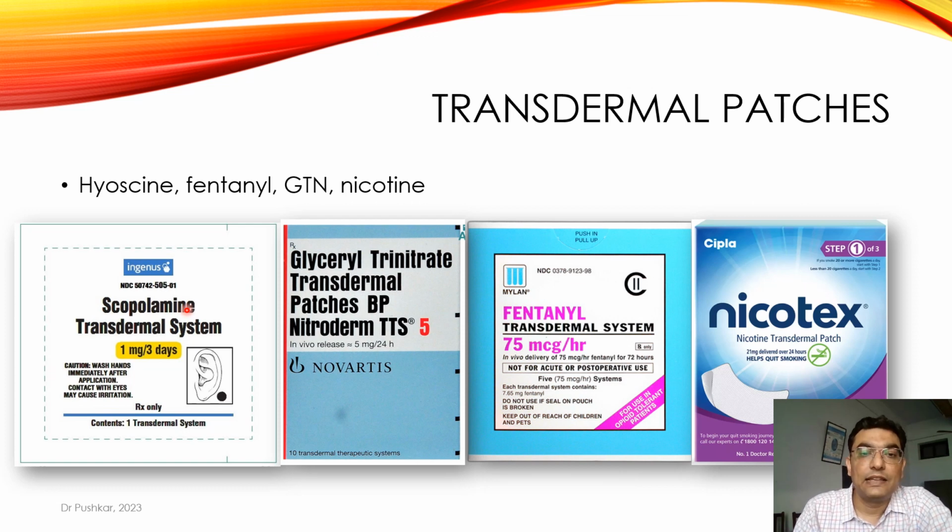As well as if some patient is suffering from angina, and there are chances of an anginal attack, then we can use these GTN patches. All these examples are there. Fentanyl is an opioid, it is used for pain. Nicotex, you all know about it. So all these are very important examples of transdermal patches.